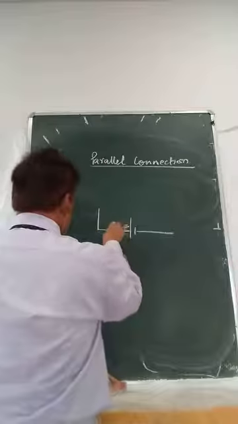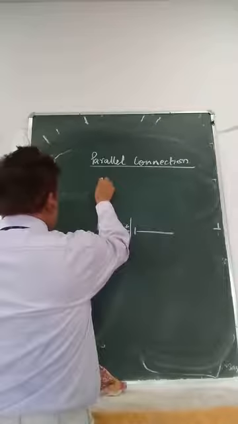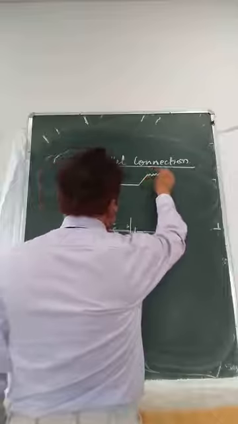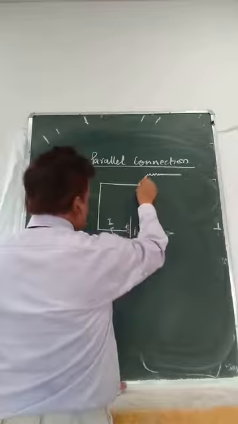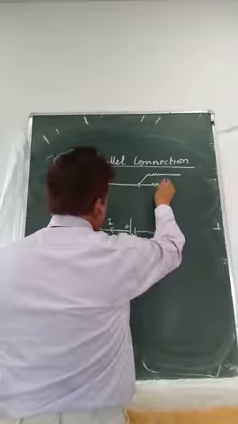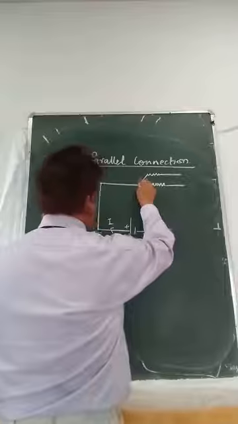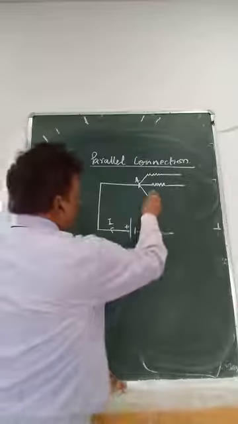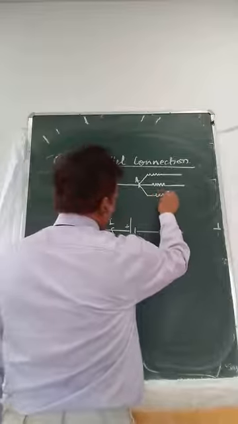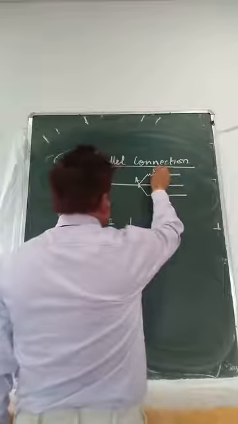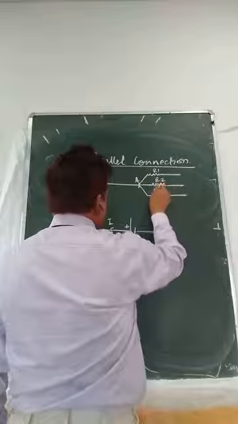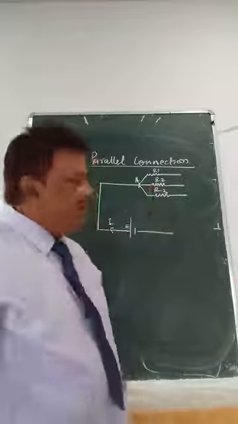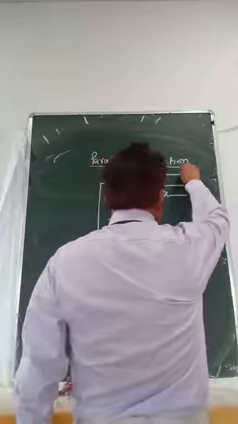This is plus, and the current flowing is I. Now you connect it in parallel. If the wires are divided at a junction, that is called a parallel connection. This is the junction A. Now the resistors: this is your R1, R2, R3, three resistors connected in parallel.